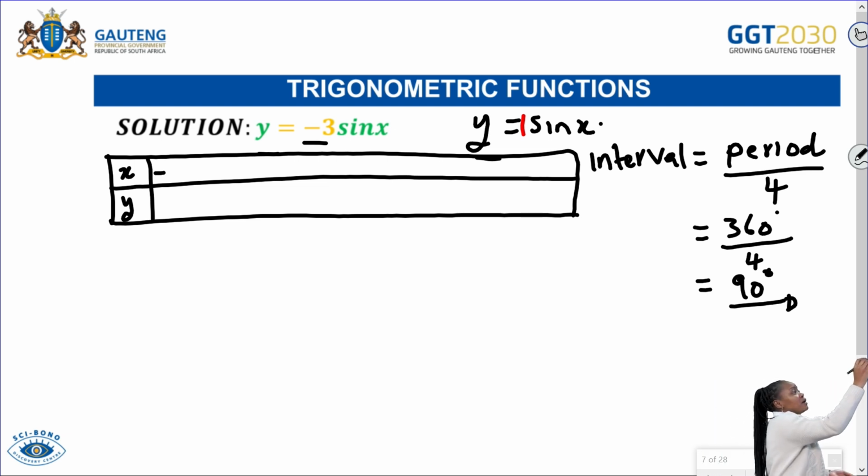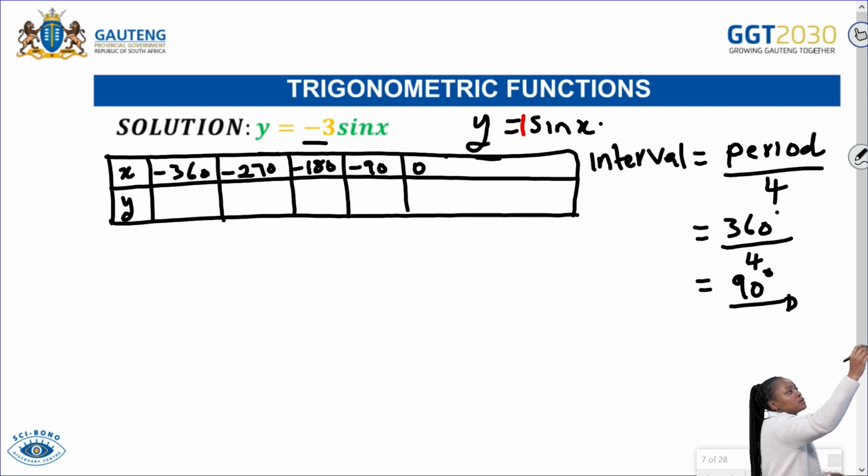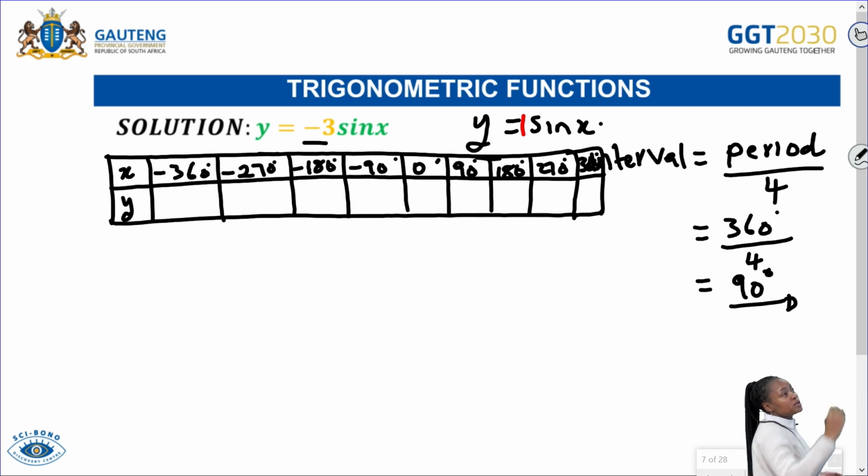So if we are starting our graph from negative 360, it's going to go to negative 270, and then negative 180, negative 90, and then it's going to pass by 0. It's going to be 90 degrees, 180, 270, up until 360 degrees. Don't forget, these are degrees. These are angles. So you must put those degrees.